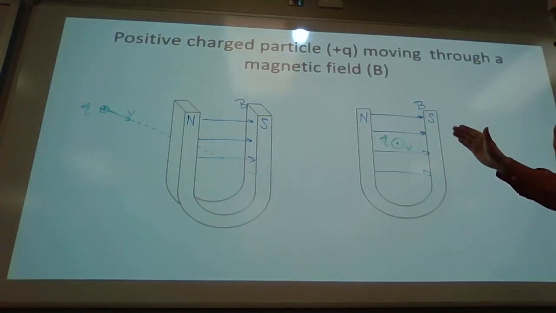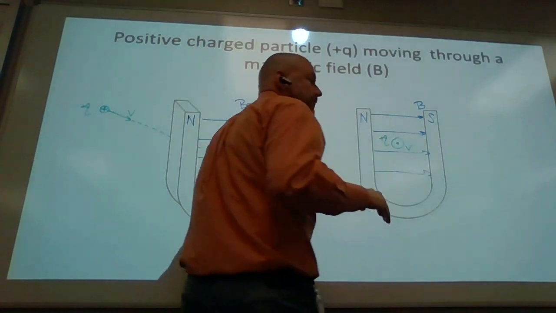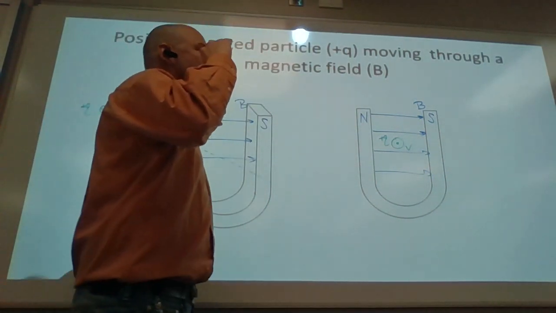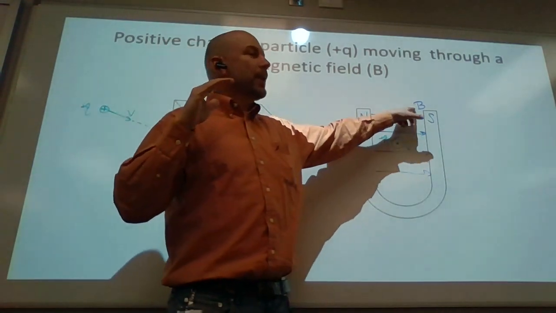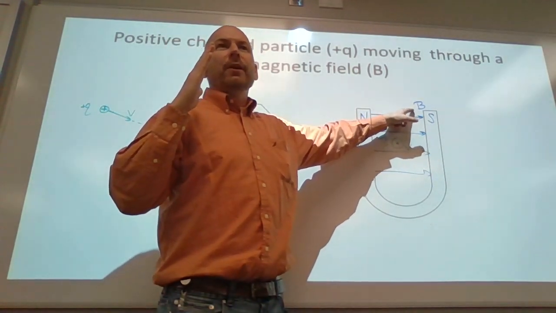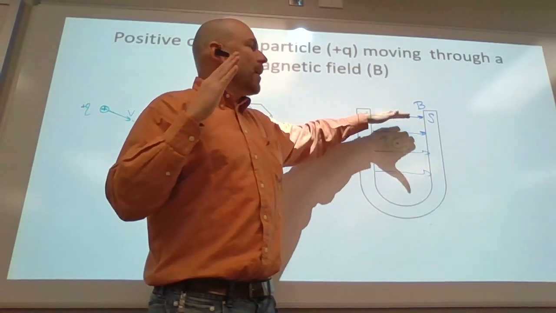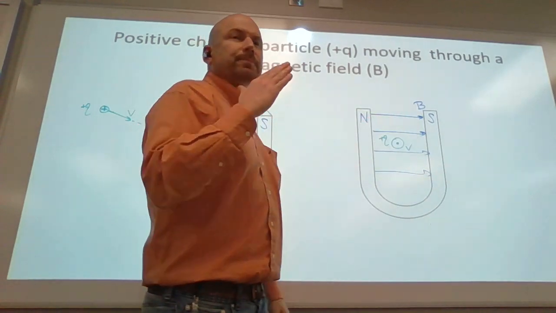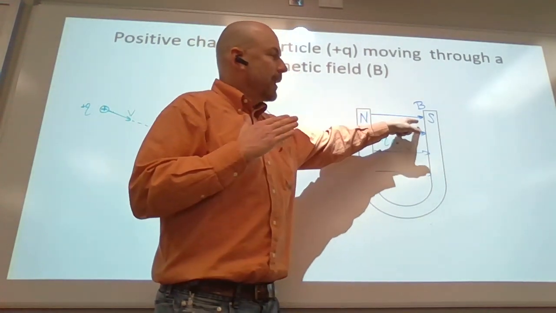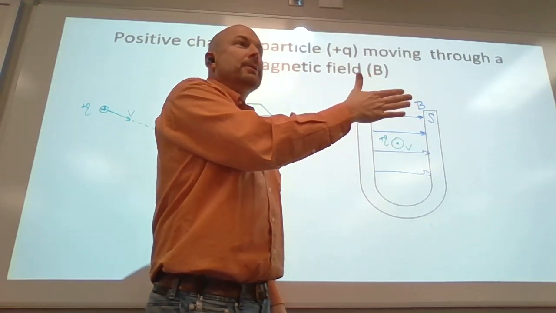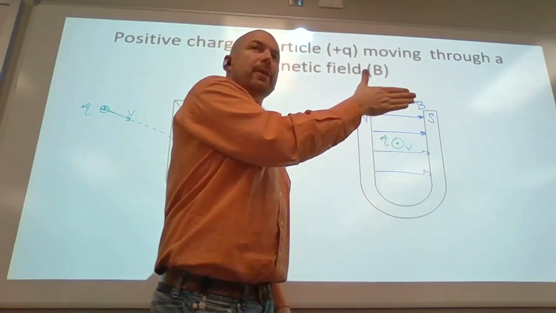So when you're doing this, everybody get your right hand out. What part of your hand corresponds with the magnetic field? Fingers. So lock your fingers to the right. The magnetic field is going to the right, so stick your fingers that way. You're going to commit your fingers to that.